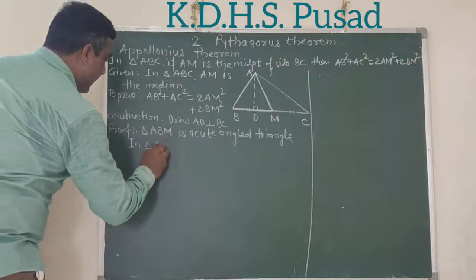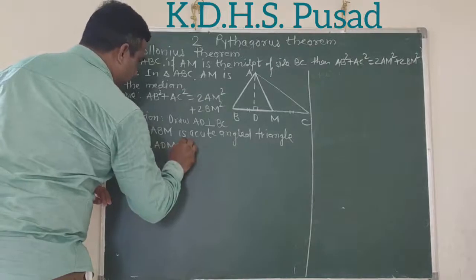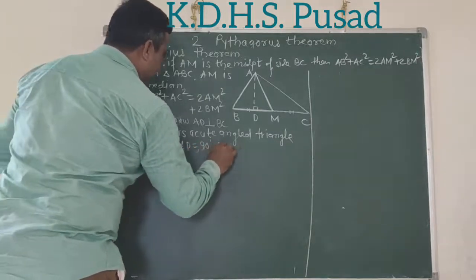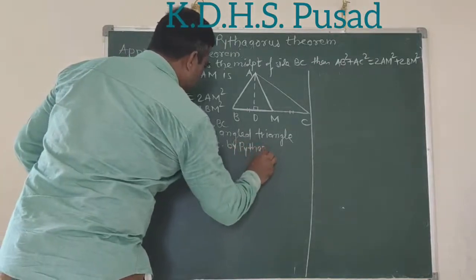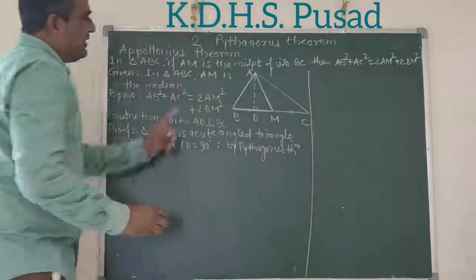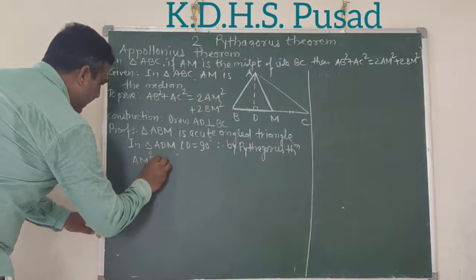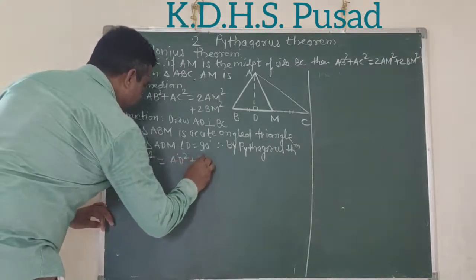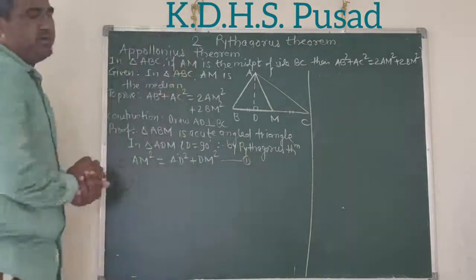In triangle ABM, angle D equal to 90 degrees. Therefore, by Pythagoras theorem, AM square is equal to AD square plus BM square. I mark this as equation 1.